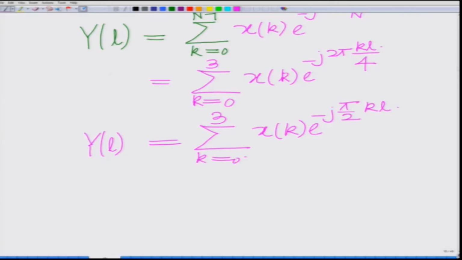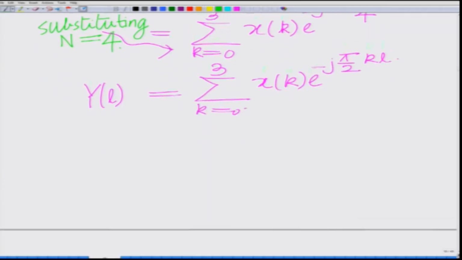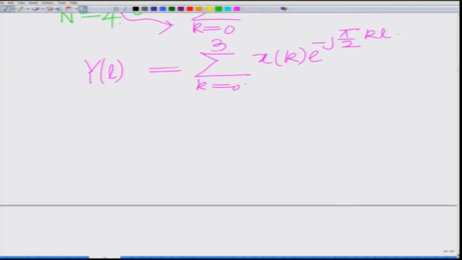So, basically what we are doing here is substituting n equal to 4. That is what we are saying: capital Y L, the received symbol across subcarrier L in the FFT domain, is now given by the n equal to 4 point FFT, fast Fourier transform, or DFT, discrete Fourier transform, of the received output samples y0, y1, y2, y3.